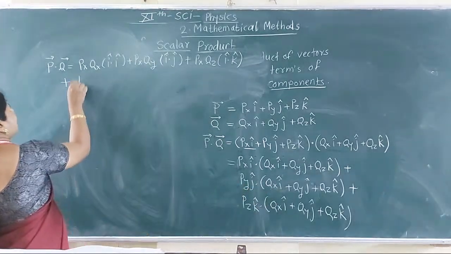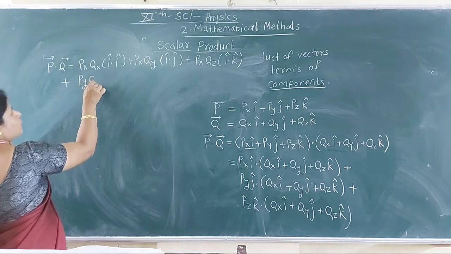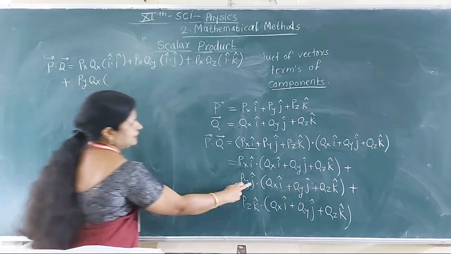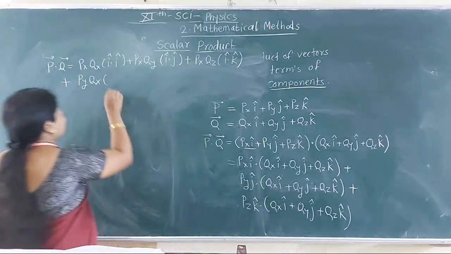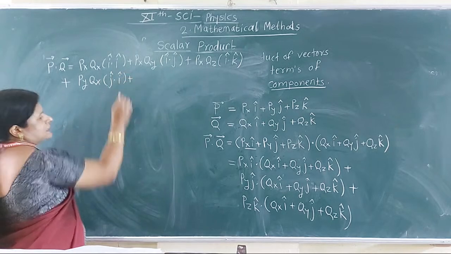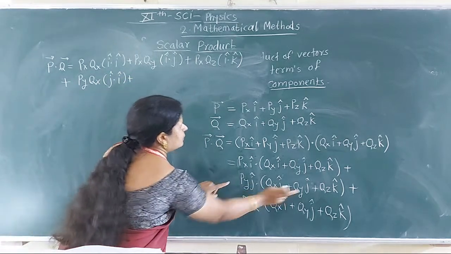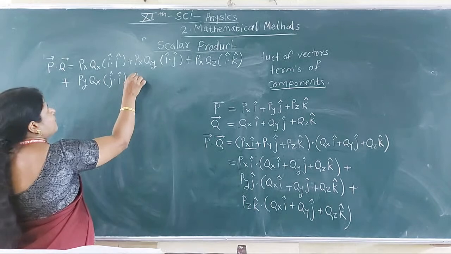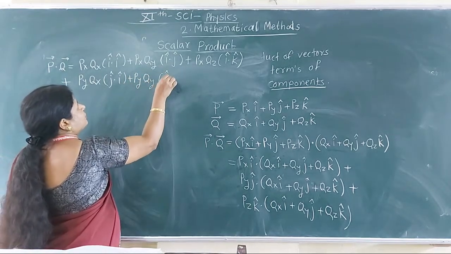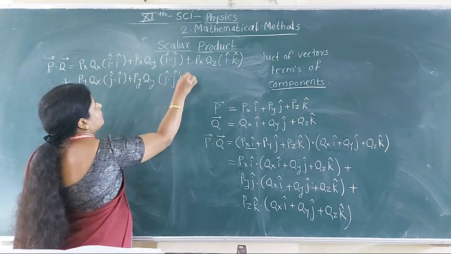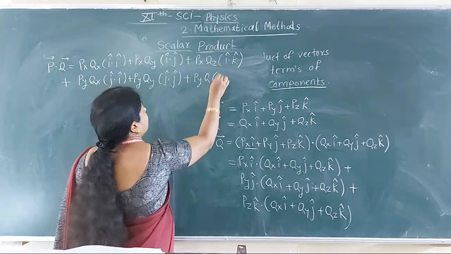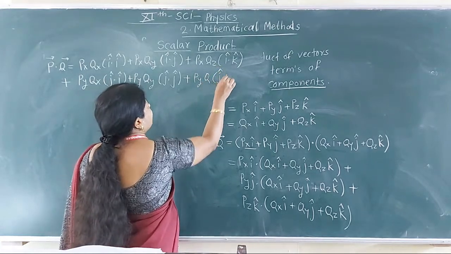So PyQx (j cap dot i cap) plus Py multiplied with the second term, PyQy (j cap dot j cap) plus PyQz (j cap dot k cap).